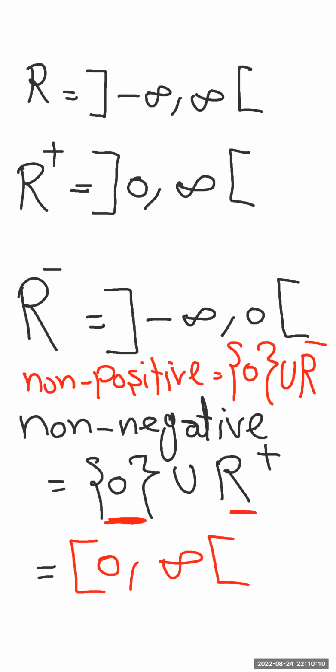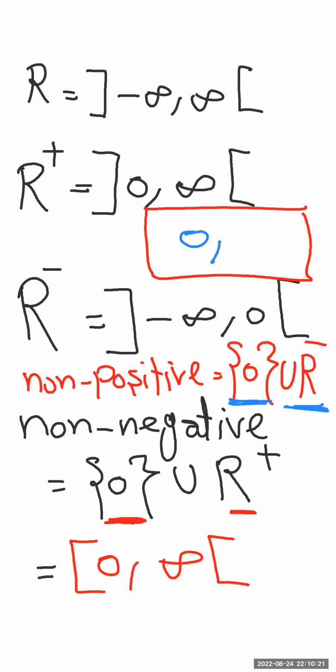In the form of an interval, we said 0 union negative, so 0 and negative infinity. Wrong. Why? Because we said to start with the smaller number. So it's negative infinity and 0. Correct, guys? Negative infinity open. 0 included? Yes, closed.